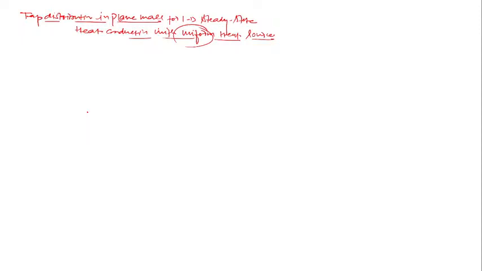Are you ready? So what I'm going to see here, this is a plane wall, and its thickness is 2L, minus L and plus L, and the center is here, x equal to 0. Clear?